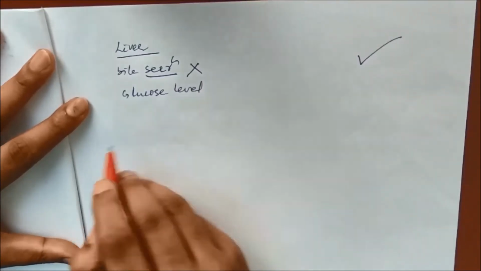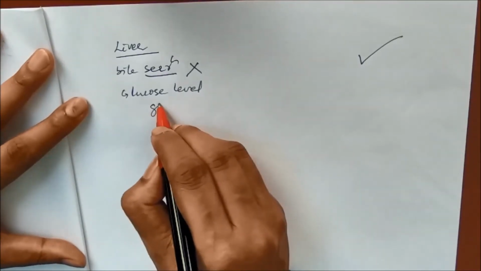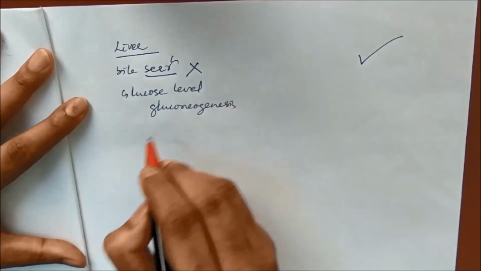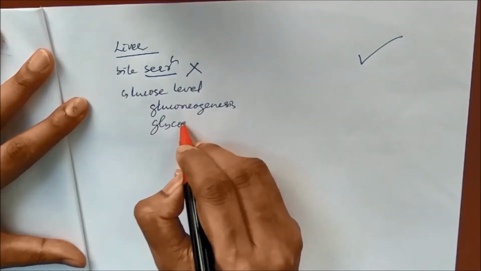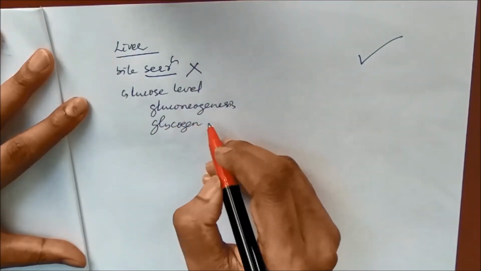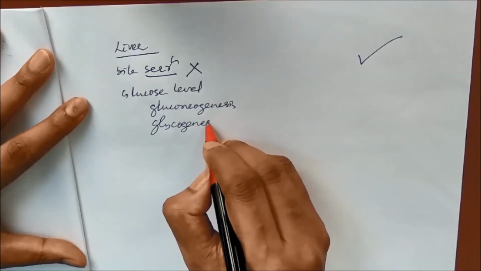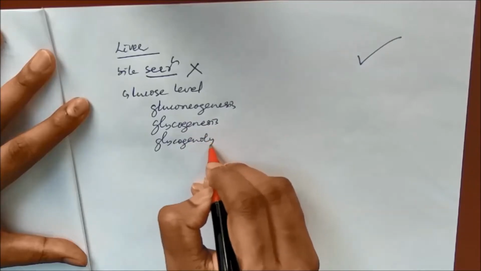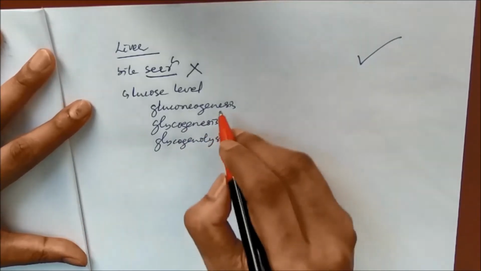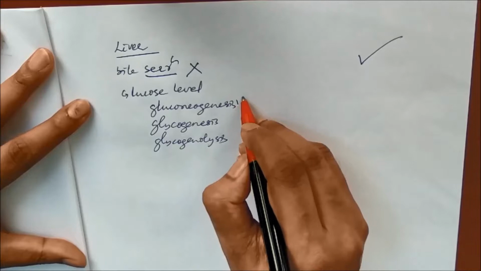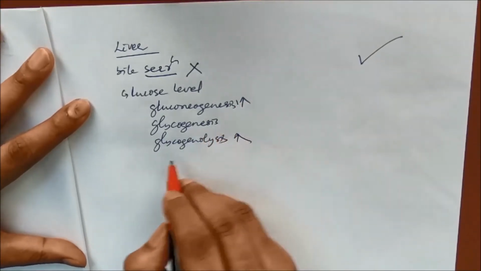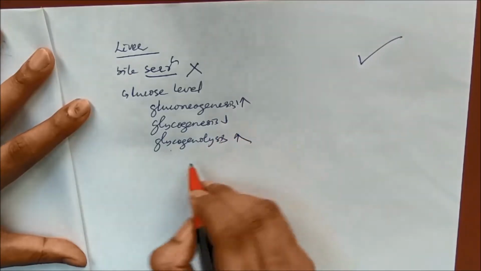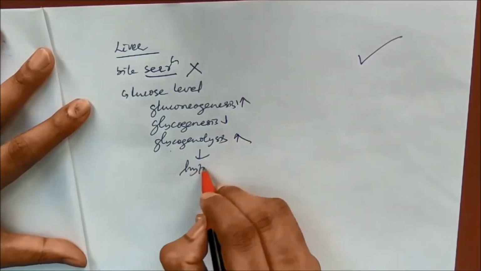Glucose level, as you know, is maintained by processes like gluconeogenesis, glycogenesis and glycogenolysis. Okay, so gluconeogenesis is increased, glycogenolysis is increased, breakdown of glycogen to glucose, glycogenesis is decreased, and all these cause hyperglycemia.